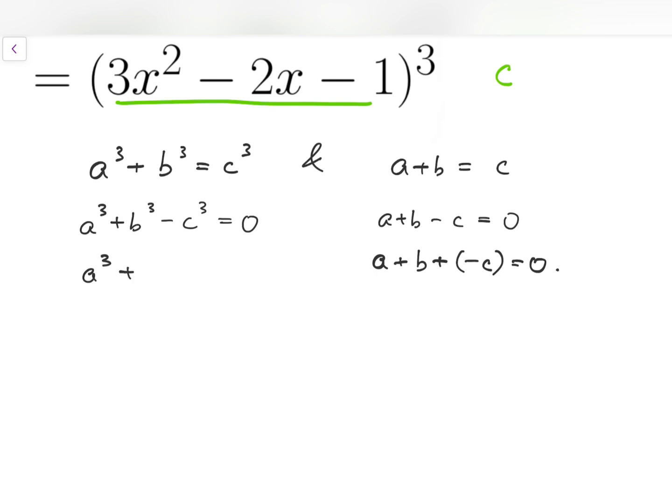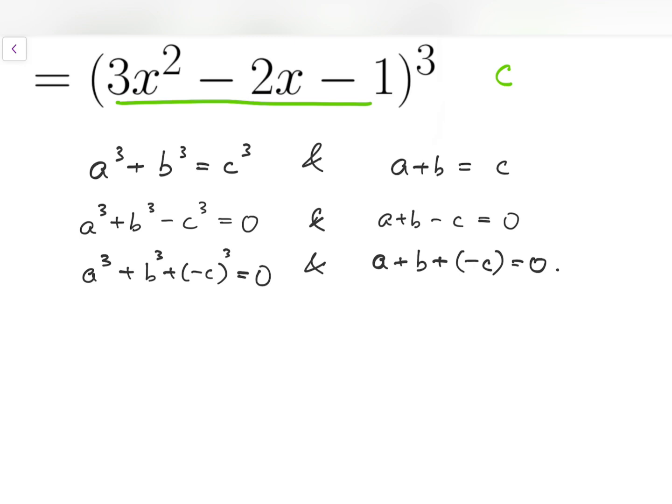And I can say the sum of cubes of a, b, and minus c, not just their sum, but the sum of cubes is also 0. So now we have found three variables, a, b, and minus c, having both their sum and the sum of cubes equal to 0.